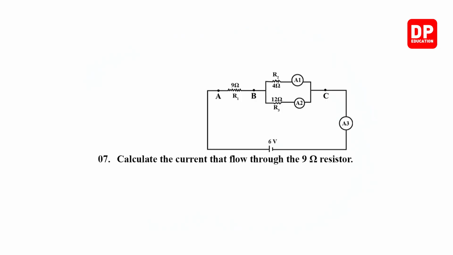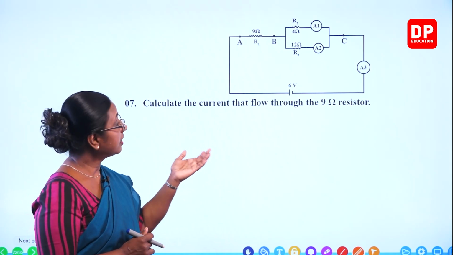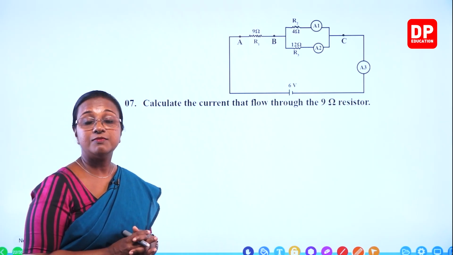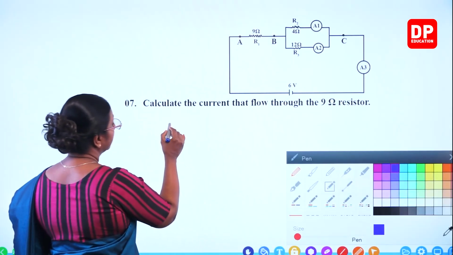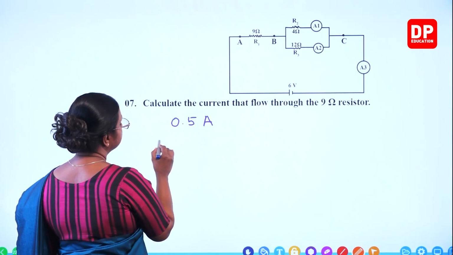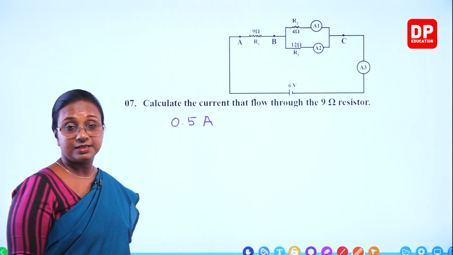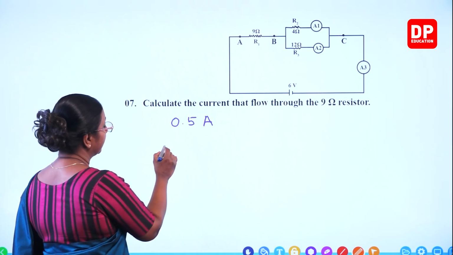Again, the same circuit. Calculate the current that flows through the 9 ohm resistor. We have already calculated that. The total current that flows through the 9 ohm resistor is 0.5 amperes, because it is the same current that flows through the circuit. If you are to calculate it also, how do we calculate?